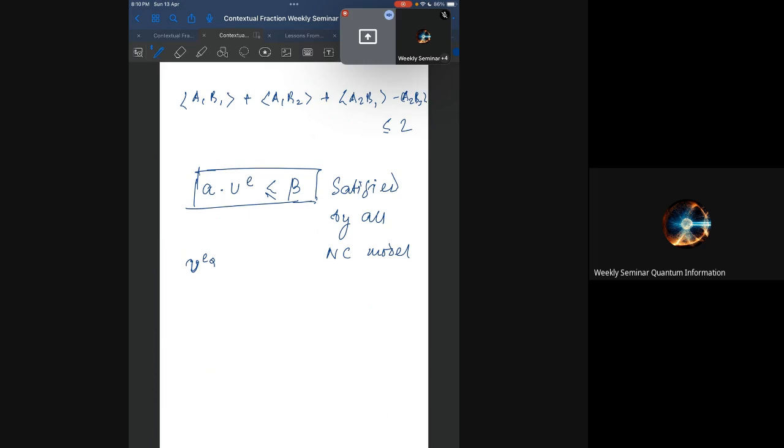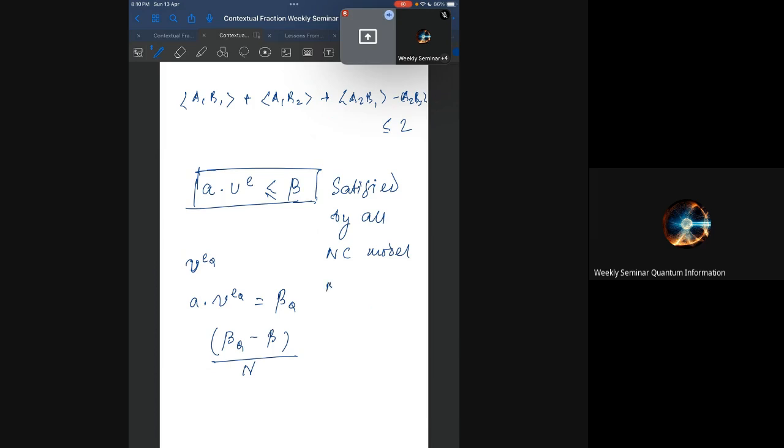Let's say that violation comes like this: V^eQ dot A equals some beta Q. Then my violation is actually what? Beta Q minus beta. This is my violation. And I normalize it by some normalizing constant. How can I get the normalizing constant?